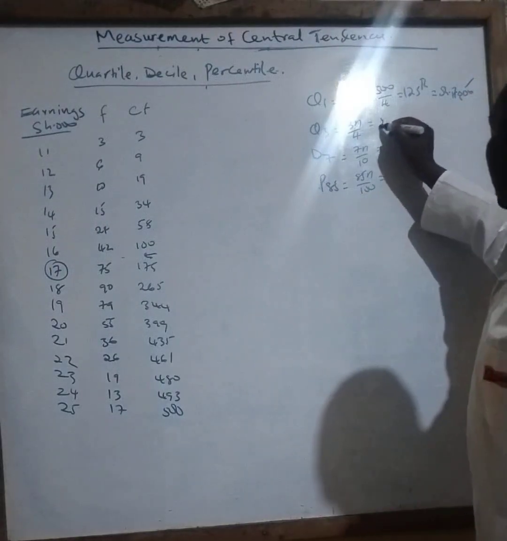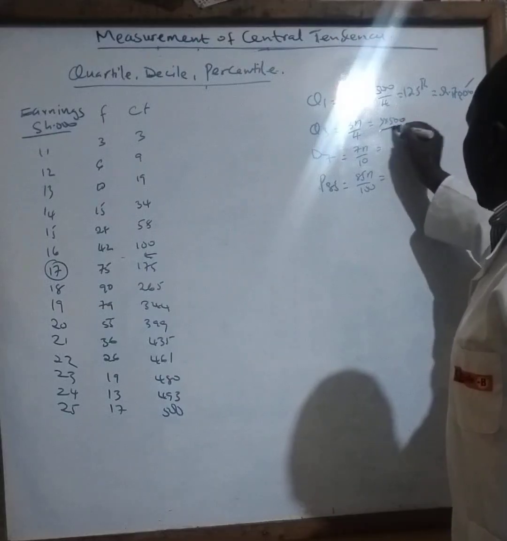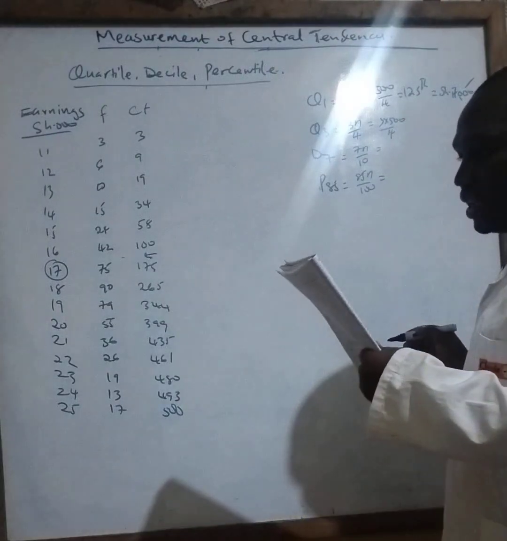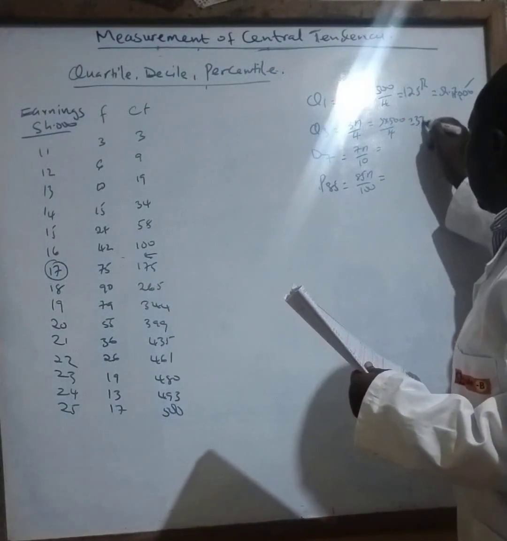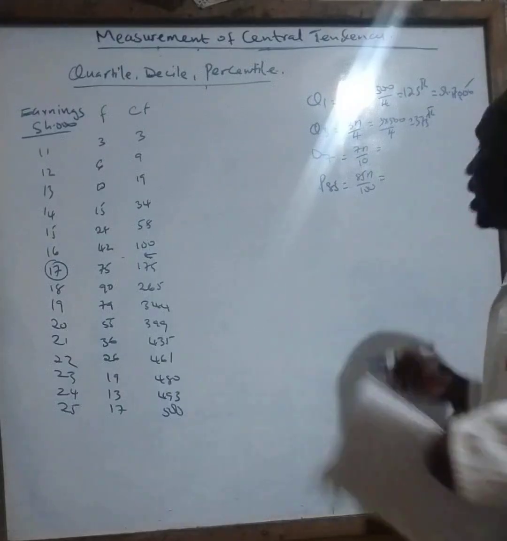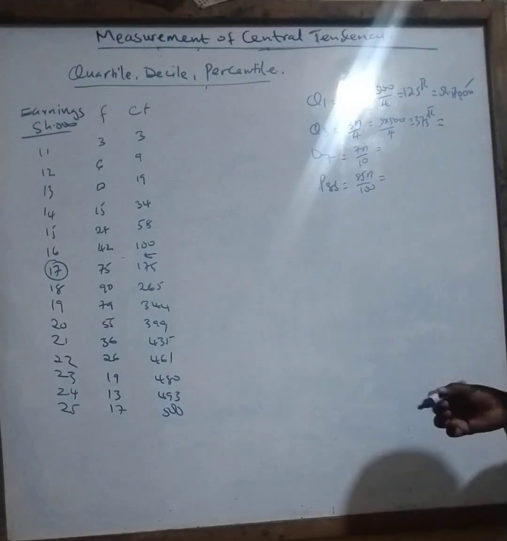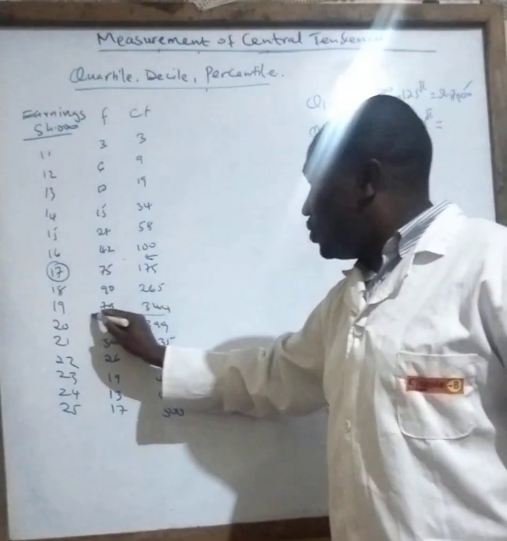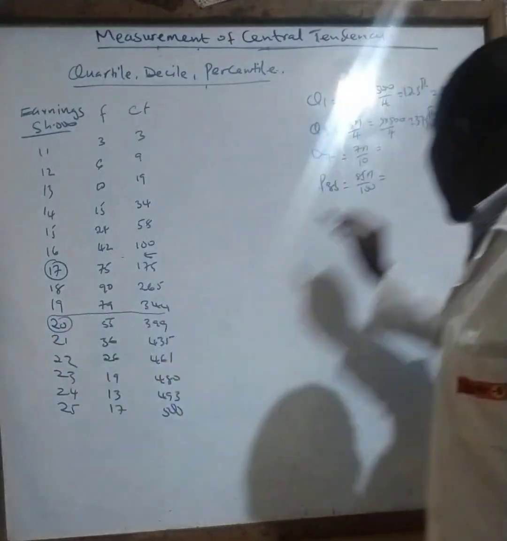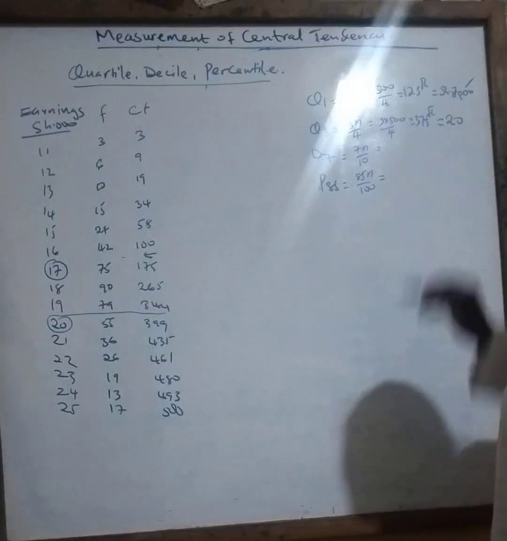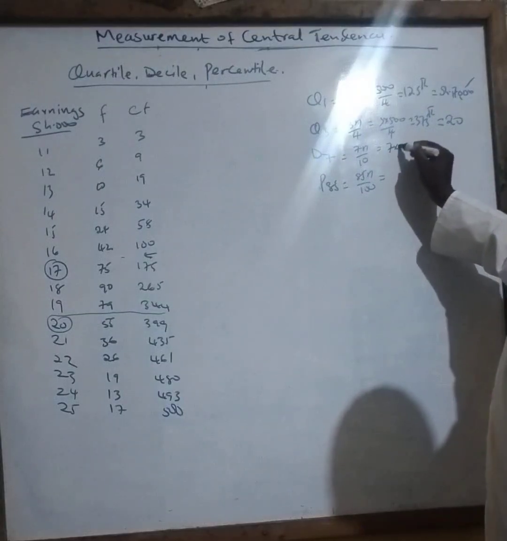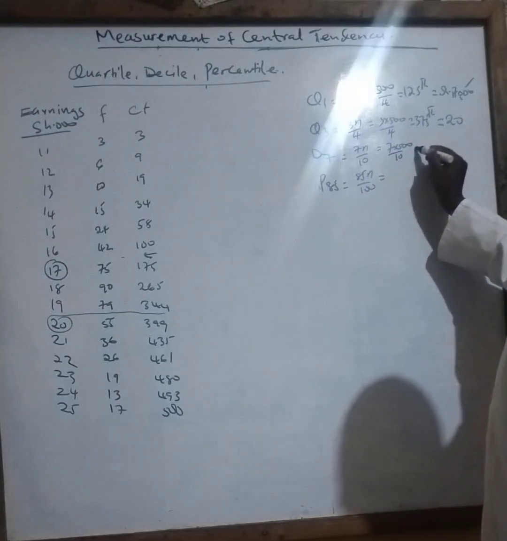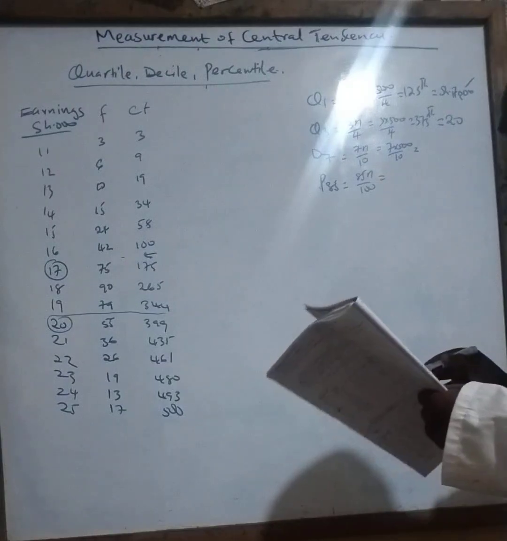This one is 3 times 500 divided by 4. If you work that out, class, you get the 375th item. Where is the 375th item? It is here. You follow, then you locate. Your answer is 20. Then here is 7 times 500 divided by 10. What is your answer, class?